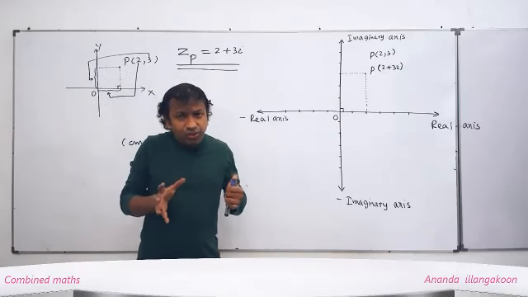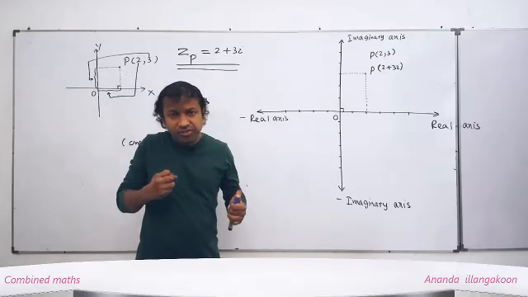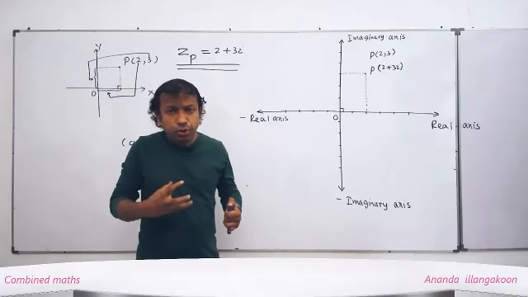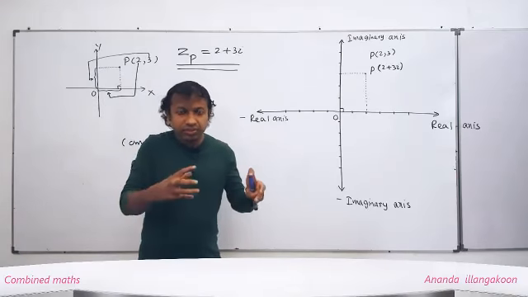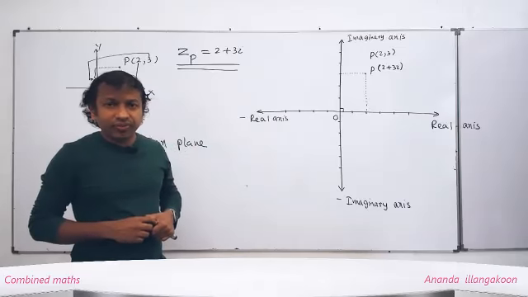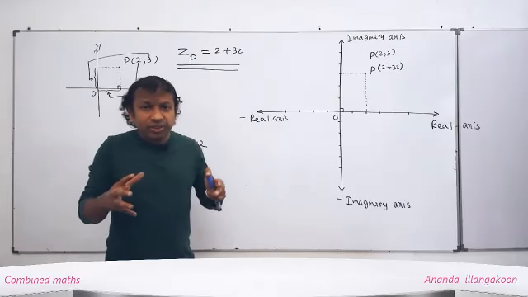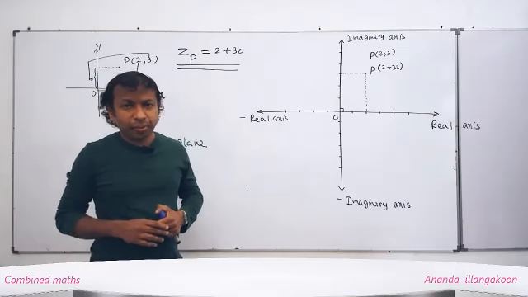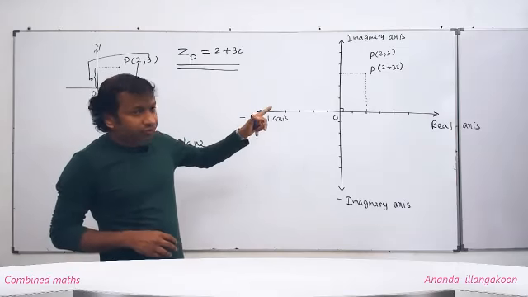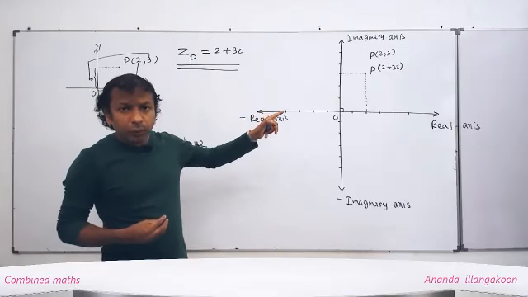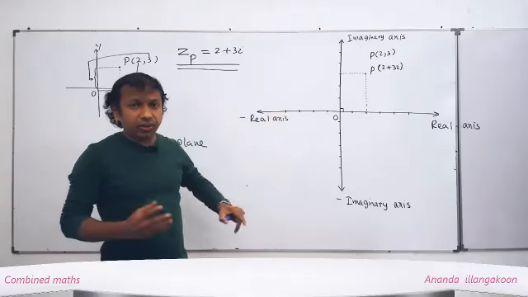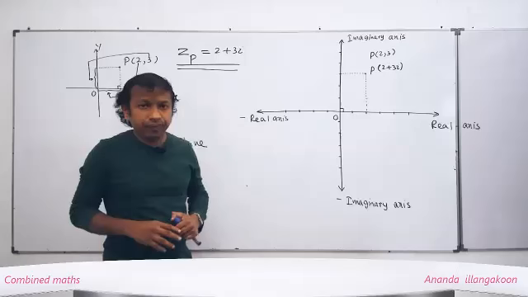These are the things you have to take thoroughly and strongly to your mind in order to link one to the other. Understand? If you can do that mentally, you will win the game. Therefore, the representation of a complex number we can now do by a point on the Argand plane, not on the Cartesian plane.